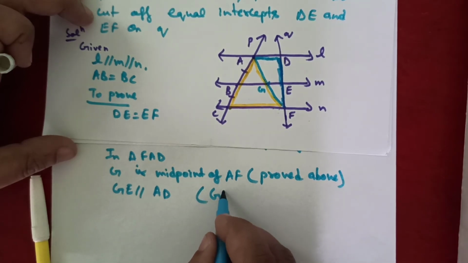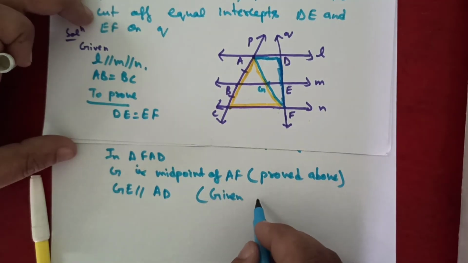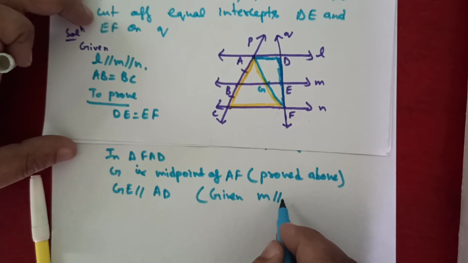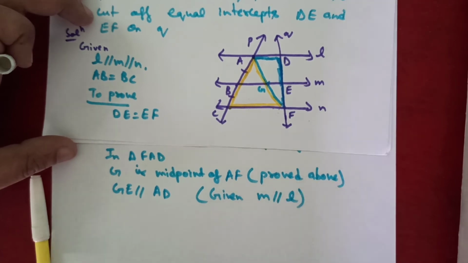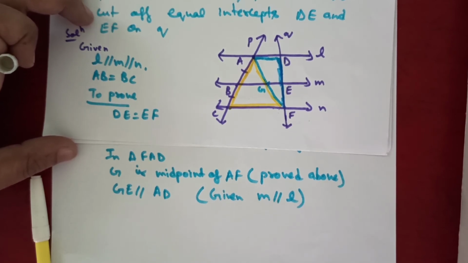Given in the question that line M is parallel to line L, therefore the segment of line M will also be parallel to the segment of line L. That is, GE will be parallel to AD.